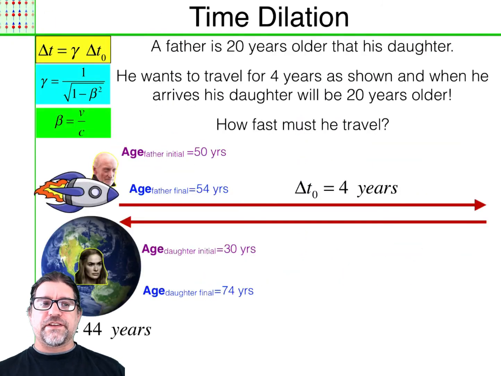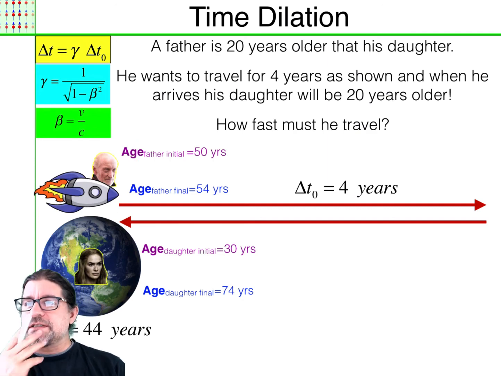So here's a fun example, somewhat related to the twin paradox, which you may have heard of. We'll talk about the twin paradox a little bit later on. We have a father, just some guy, who is 50 years old, and he's heard about special relativity.